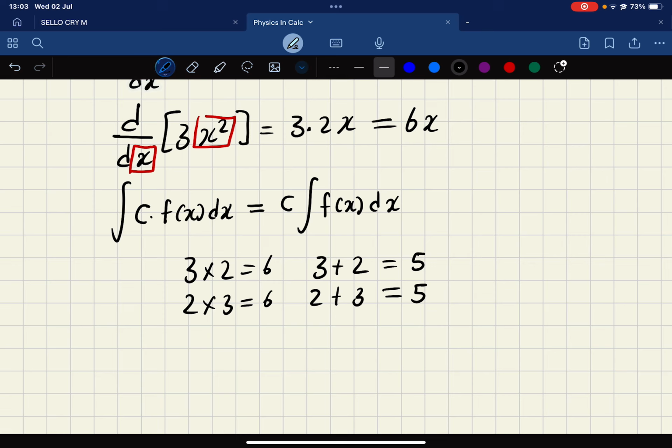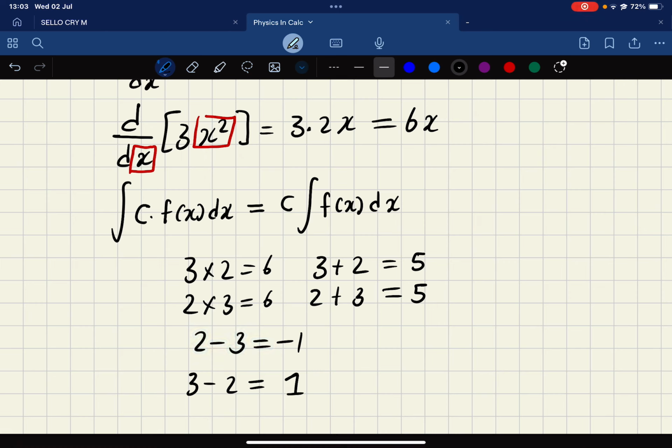But subtraction and division are not commutative. Right? Meaning that if I have negative 2 plus 3, if I subtract something from something, I cannot say this thing is the same as 3 minus 2. No, it's not right, because here the answer is negative 1, and here the answer is 1, meaning that subtraction is not commutative.